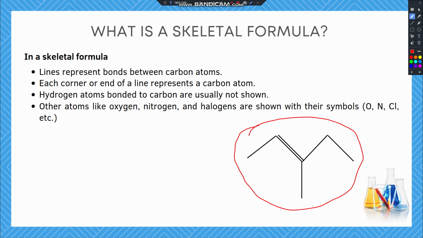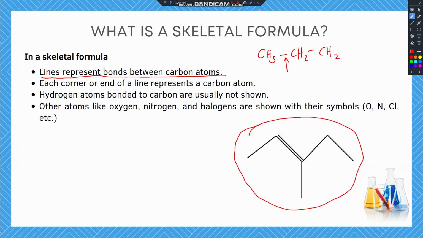The skeletal formula is a formula in which lines represent bonds between carbon atoms. Now, in the other videos, we showed the bonds between carbon atoms by doing something like this. This line here was the one indicating the bond between carbon atoms, and then you have another carbon atom bonded to another carbon atom, and so on and so forth.